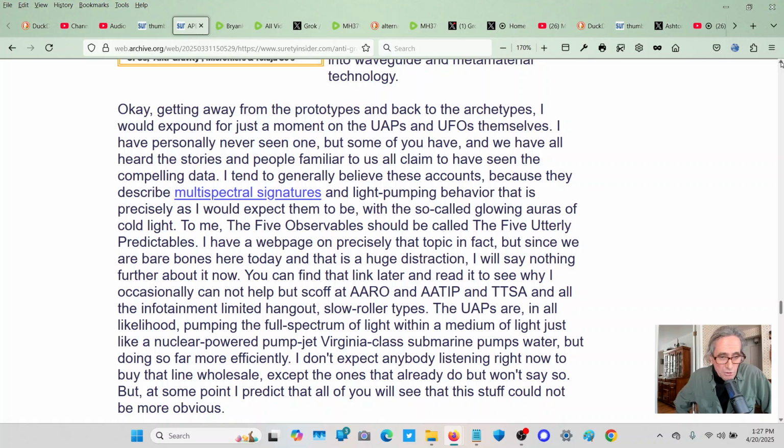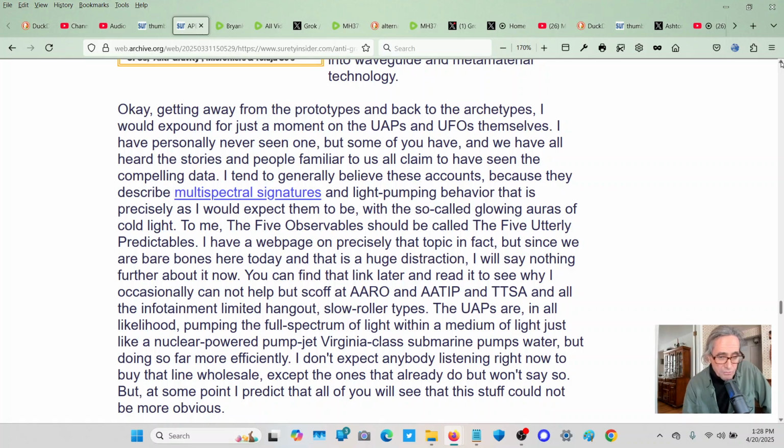Getting away from the prototypes and back to the archetypes, I would expound for just a moment on the UAPs and UFOs themselves. I have personally never seen one, but some of you have, and we have all heard the stories, and people familiar to us all claim to have seen the compelling data. I tend to generally believe these accounts because they describe multispectral signatures and light-pumping behavior that is precisely as I would expect them to be, with the so-called glowing auras of spooky cold light.